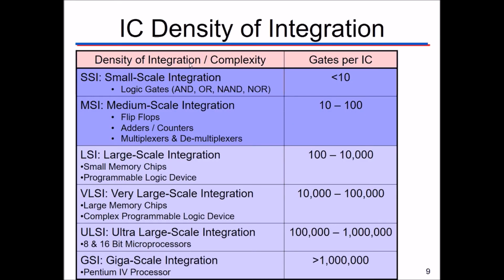In this class also, we're going to be using a variety of density of integrated circuits. In other words, chips can also be classified by how many logic gates are on the particular chip. And in this course, we're going to be using small scale integrated circuits and medium scale integrated circuits. These are chips that contain up to 100 logic gates on them.